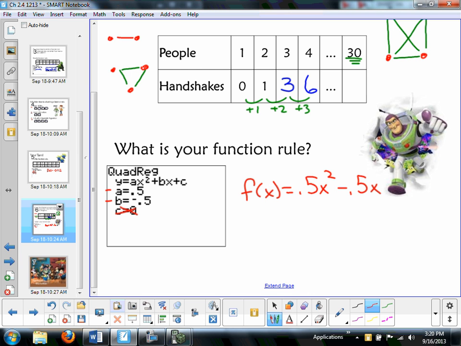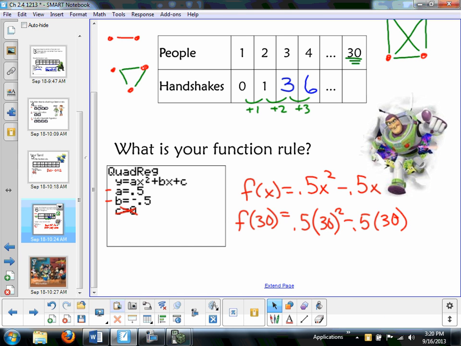Okay, so there's my function rule, but I'm still not done because I want to know, what if there are 30 people at the party? I'm trying to find f of 30. So I need to go back and plug that in. So I need 0.5 times 30 squared minus 0.5 times 30. So I want to evaluate that function at 30. So I have 0.5 times 30 squared.